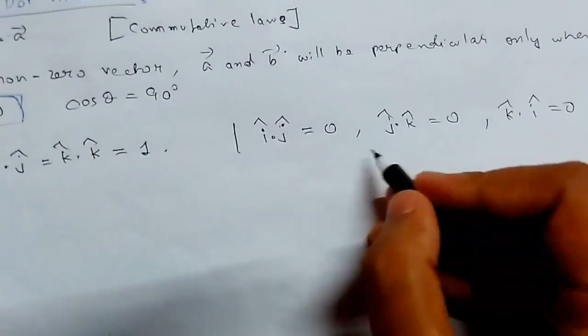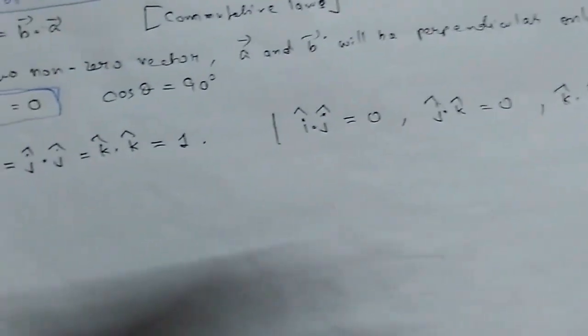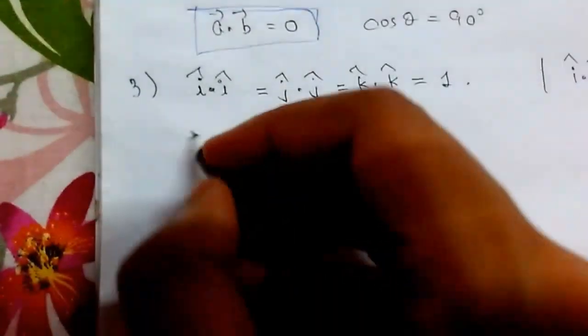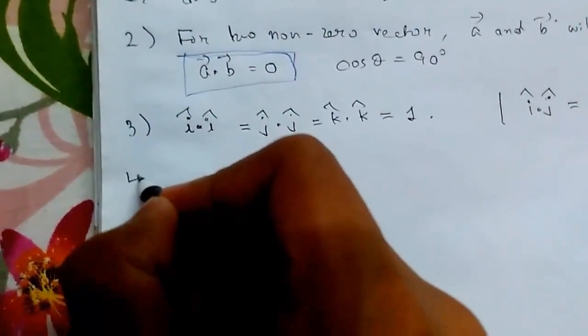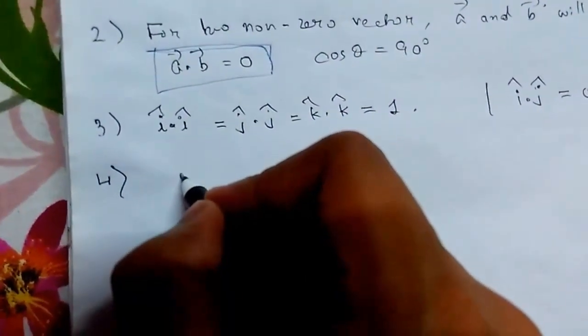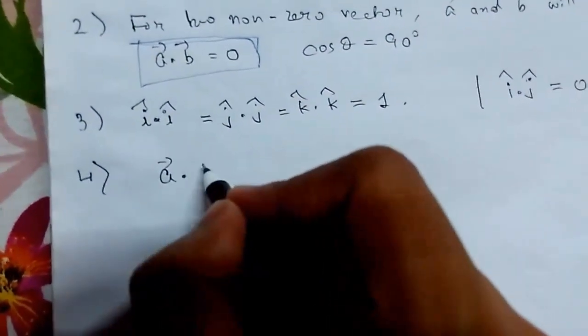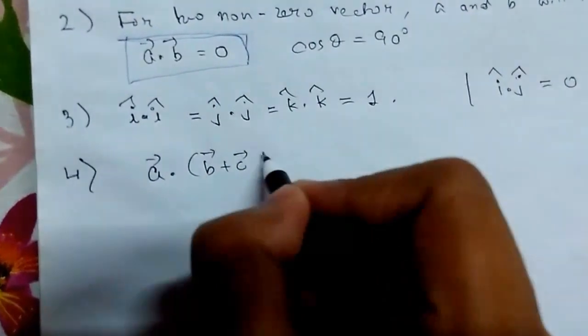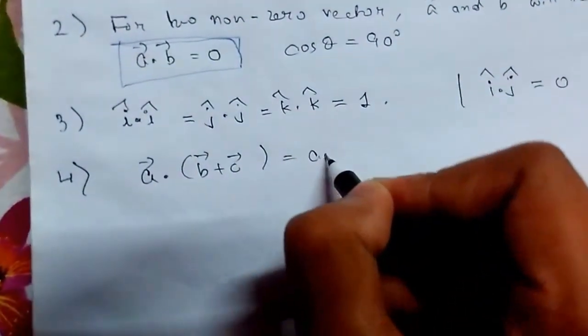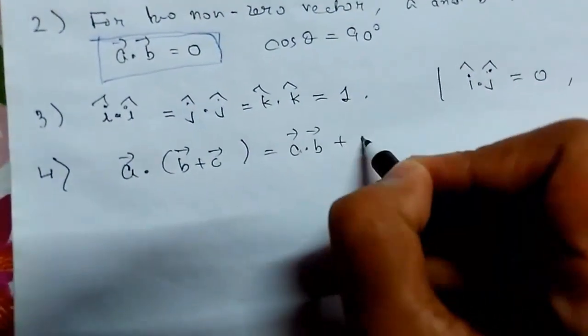So the dot product of the different unit vectors will give 0, and for same unit vector it will give 1.